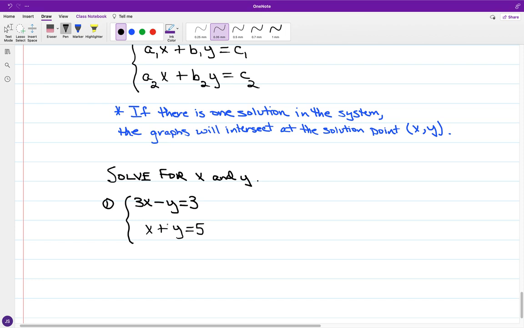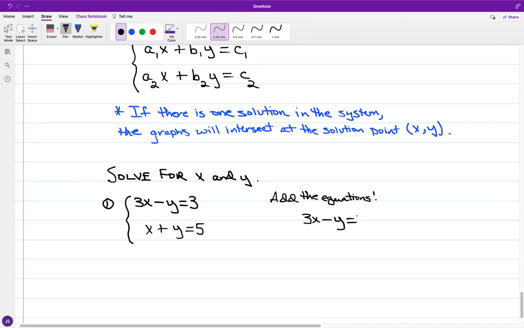So I have the capacity to add the equations, and one might ask, why am I doing this? Well, adding them, I'm going to have y eliminated, and this will create the opportunity for me to solve for x.